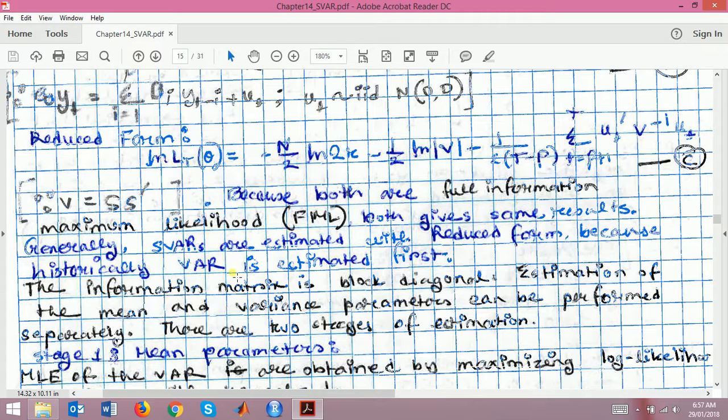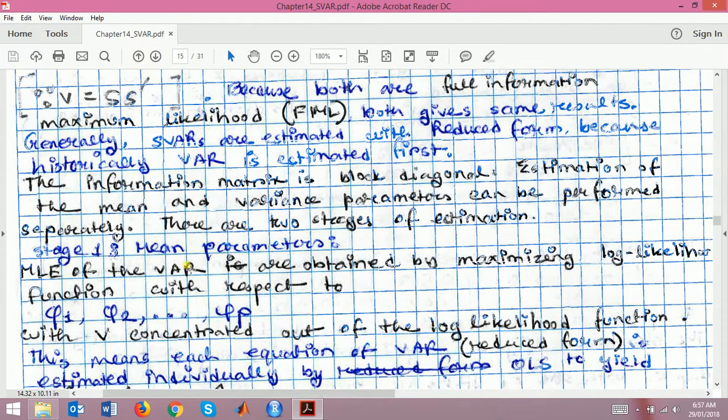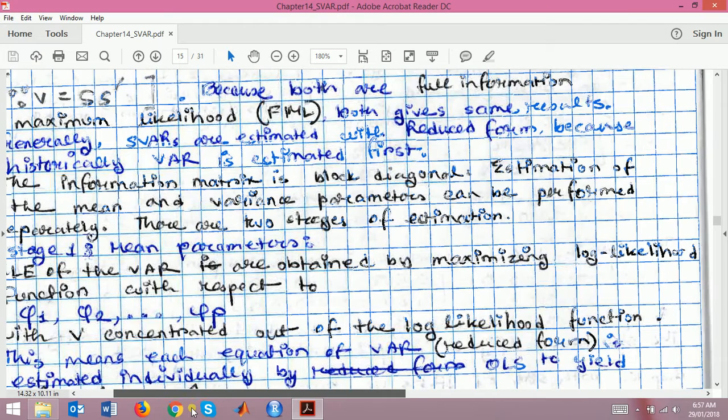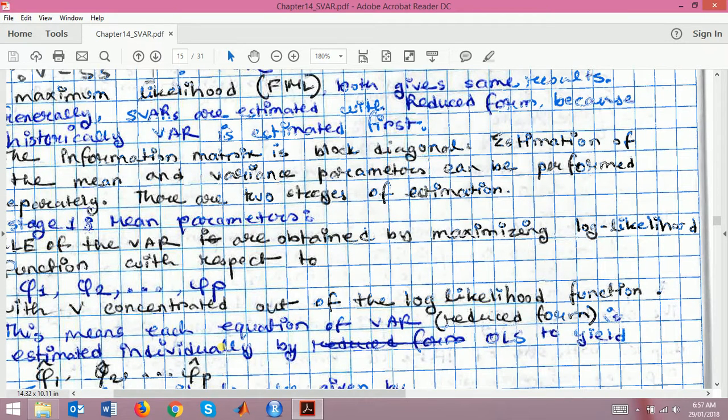Maximum likelihood estimation of the VAR is obtained by maximizing the log likelihood function with respect to the autoregressive parameters phi 1 up until phi p, with V concentrated out of the log likelihood function, omega concentrated out of the log likelihood function. This means each equation of the VAR is estimated individually by OLS to yield autoregressive parameters up until p or rho, whatever you say.